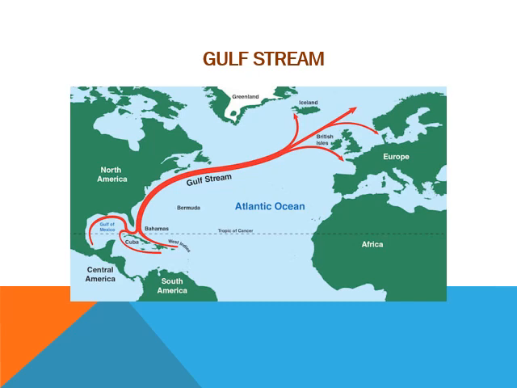And its extension, that is the North Atlantic Drift, also greatly influences the climate of Western Europe, and Northern Europe is warmer than it would otherwise be because of the North Atlantic Drift, one of the branches from the tail of the Gulf Stream.